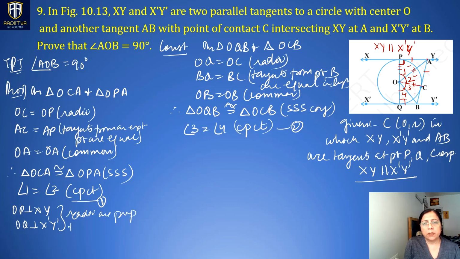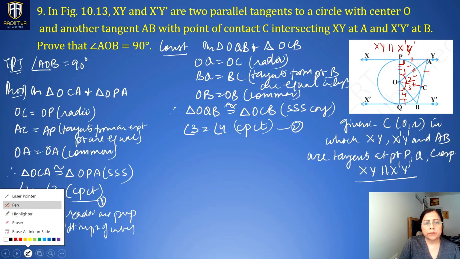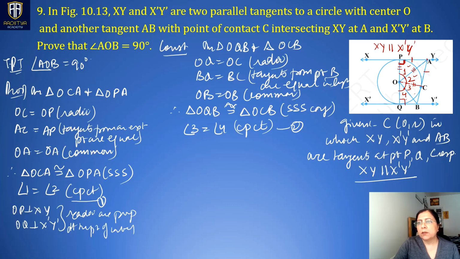Now we can write angle OPY plus angle OQY is 180 degrees, since OPY and OQY are 90 degrees each.